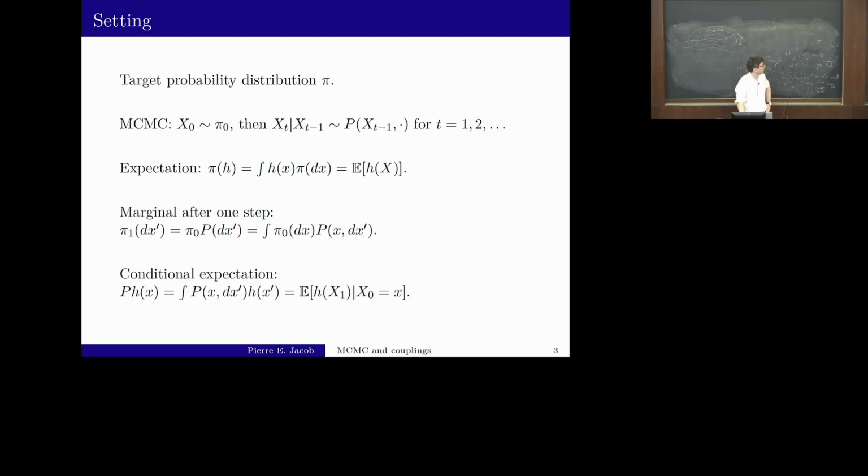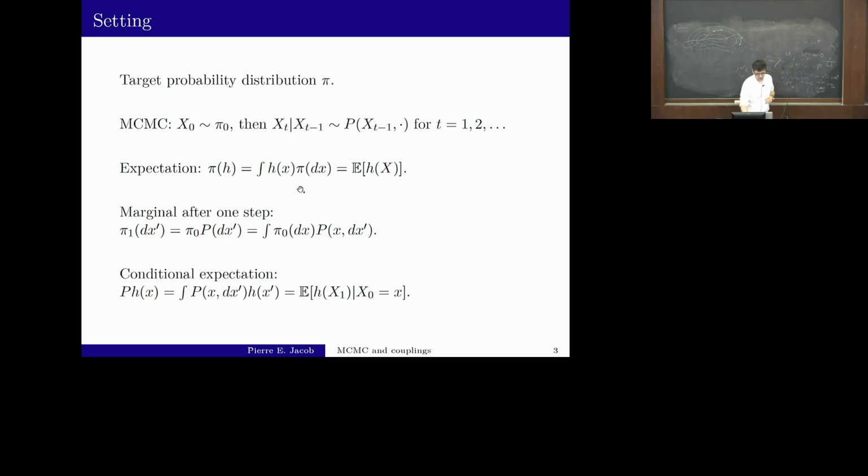Okay, just a checkpoint so that we're on the same page in terms of the notation. We're trying to sample from a target distribution pi. We start a Markov chain from pi 0, and then we iteratively generate the next x_t given x_{t-1}. We denote by P the so-called Markov transition kernel, which is just a conditional distribution indexed by the point x_{t-1}.